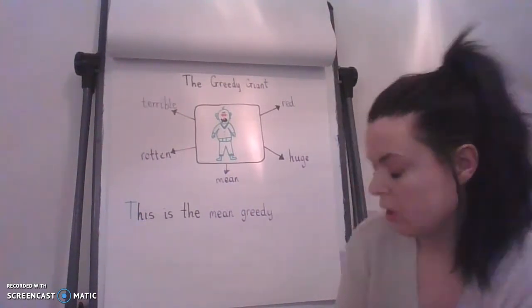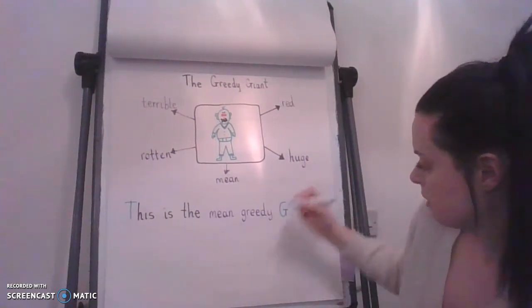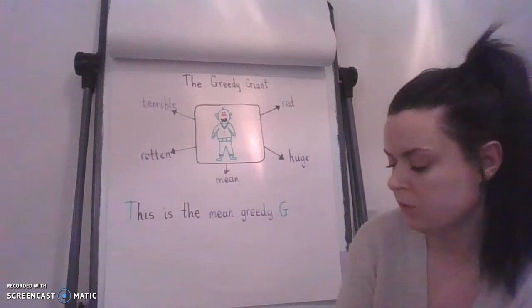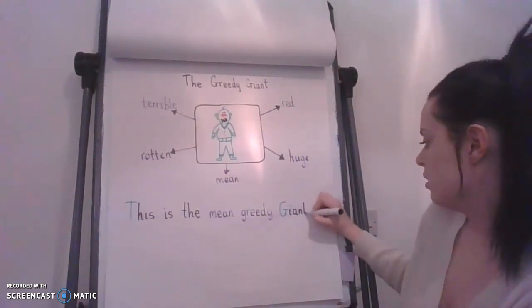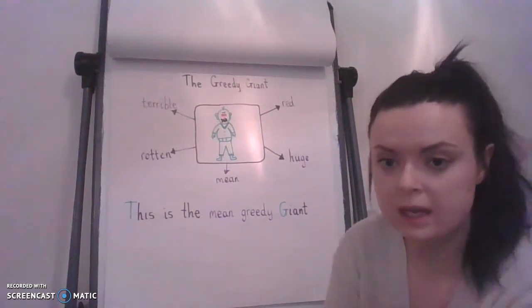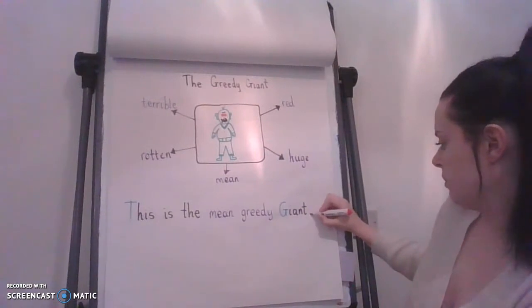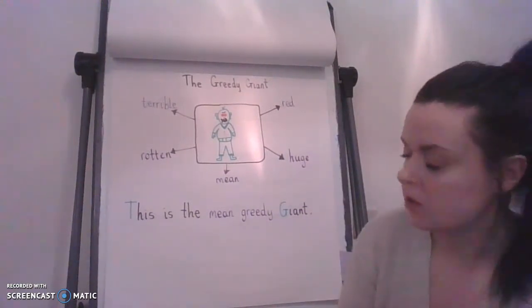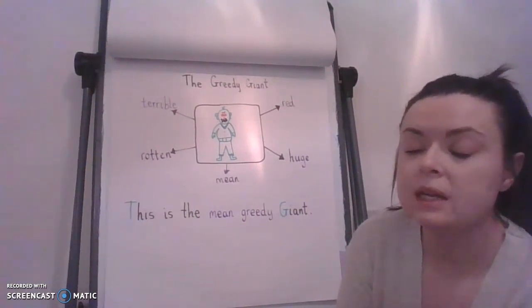Okay, so I'm going to do that as a capital G for its name. This is the mean greedy giant, and that's the end of my sentence. So what do I need? A red full stop. Now for my next sentence, I just want to describe him, about what he looks like.